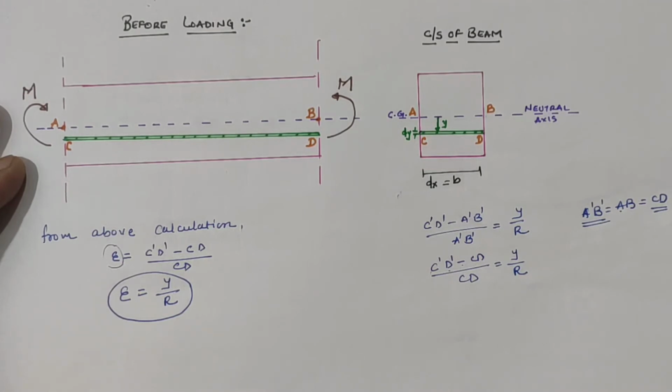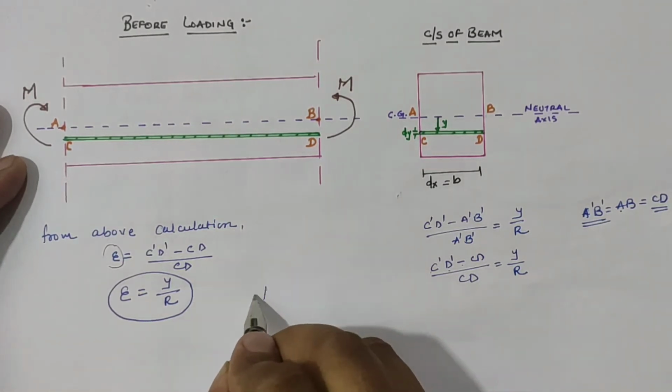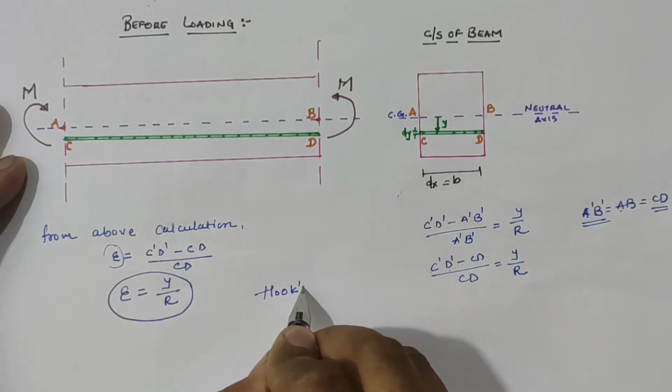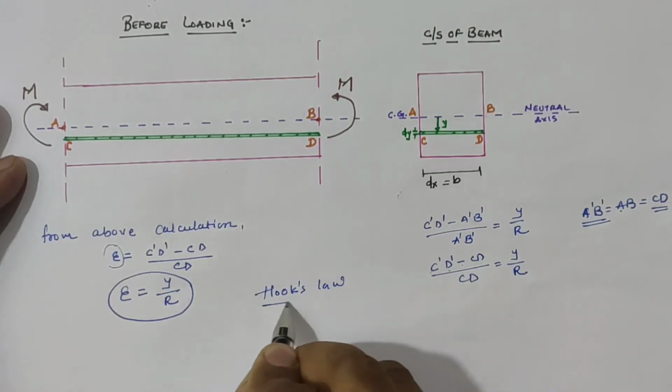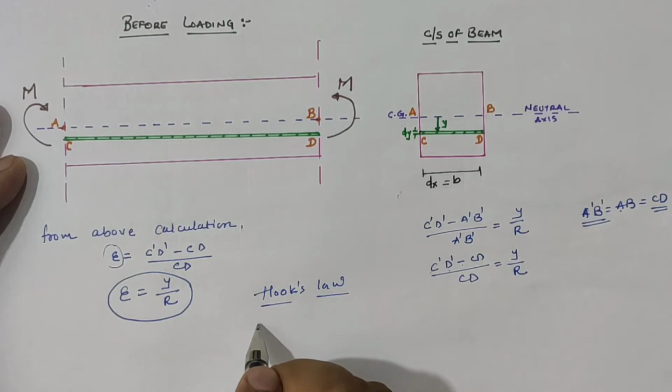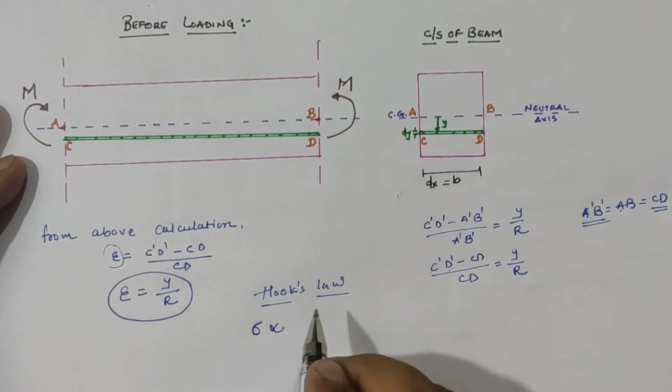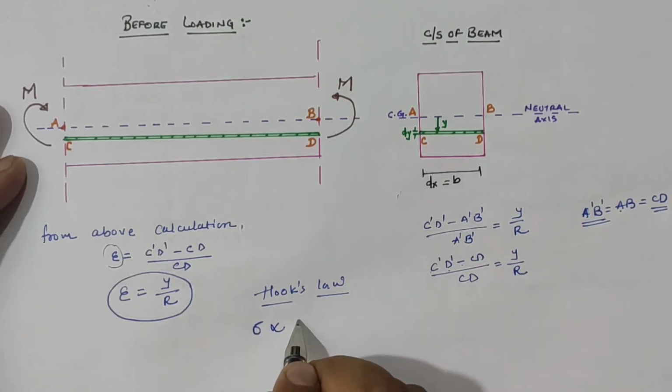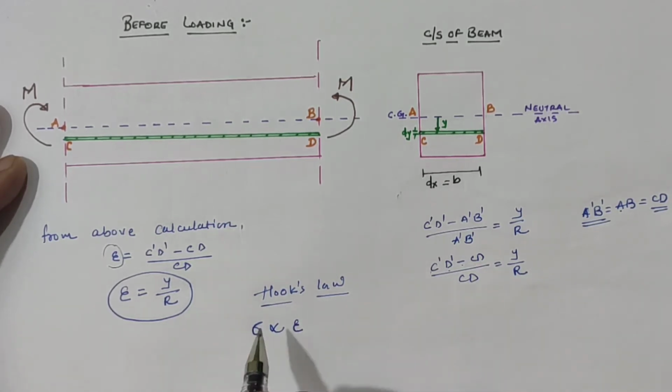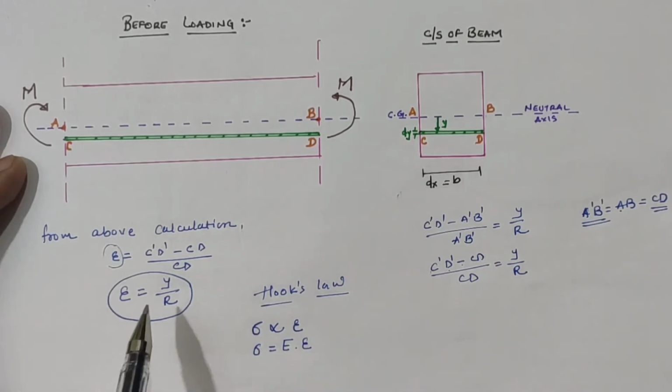Now as per the assumption, stress must be directly proportional to strain according to Hooke's law. Hence our stress value sigma must be directly proportional to our value of strain, small e, and if we remove the proportionality, we have sigma is equal to capital E, the modulus of elasticity, times small e.